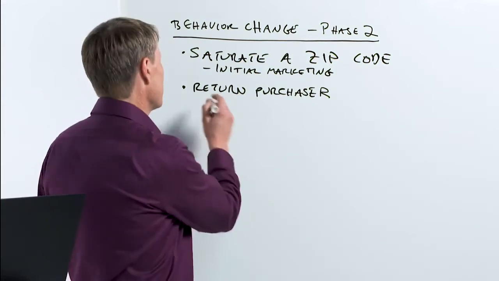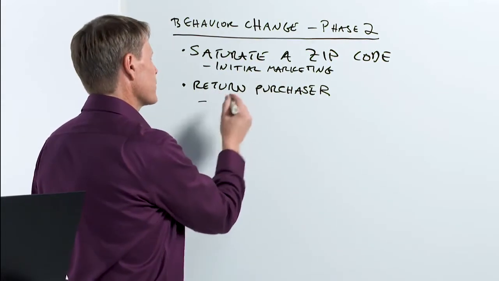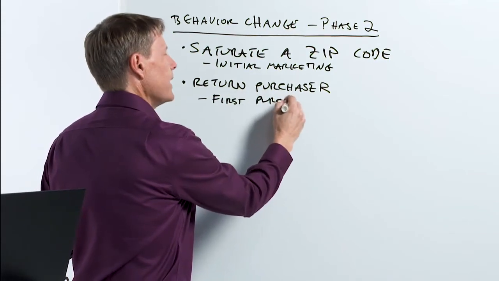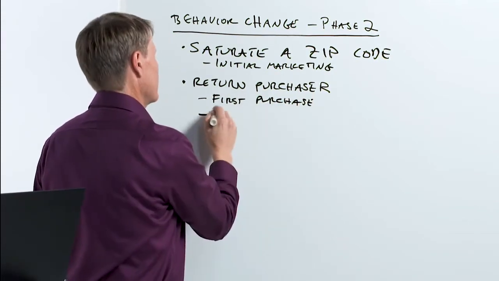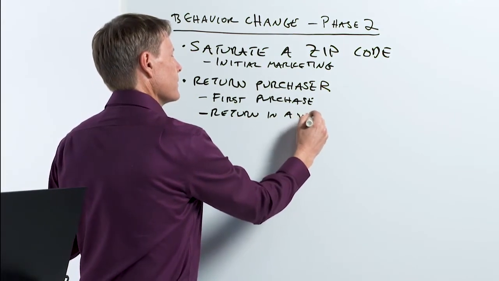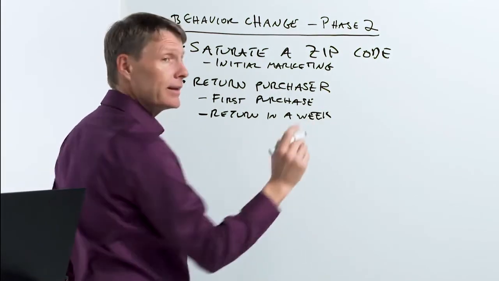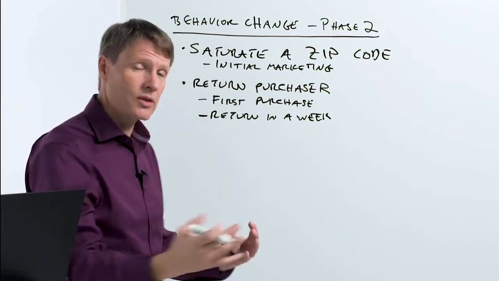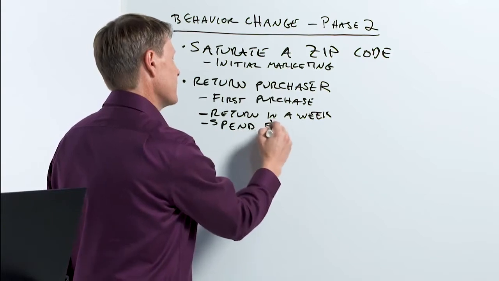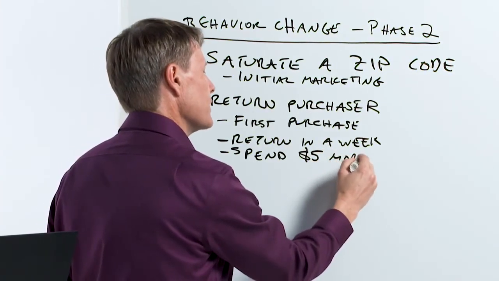But for them, they make a first purchase, and then they come back, return within a week. And what they want to measure is the purchase behavior. So that is, they spend $5 or more on these prints.